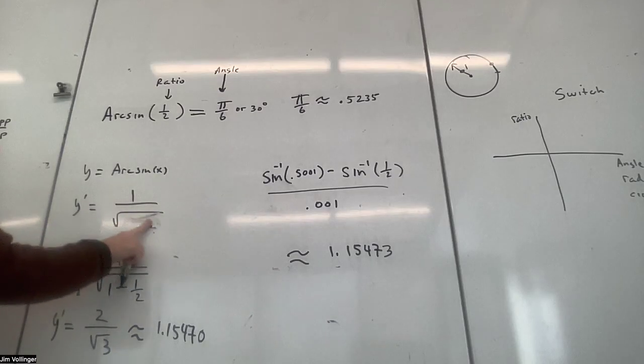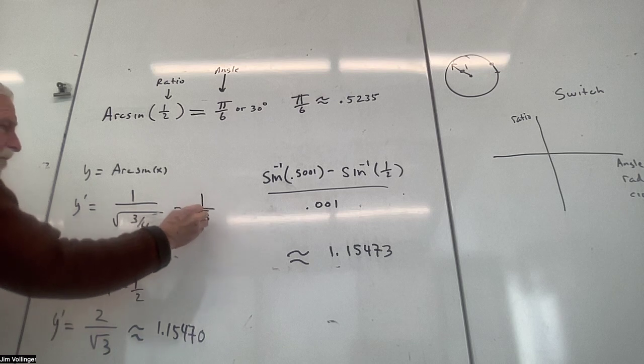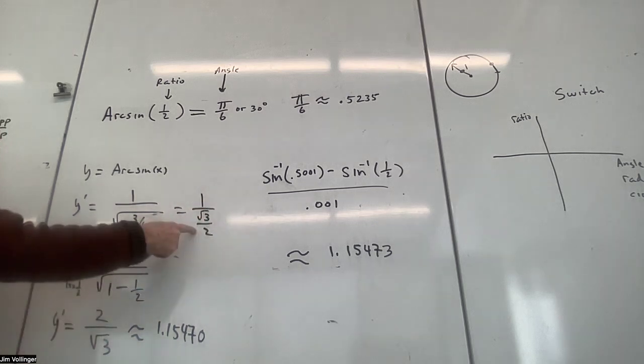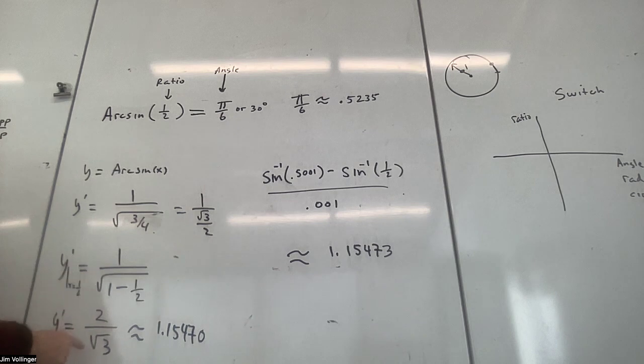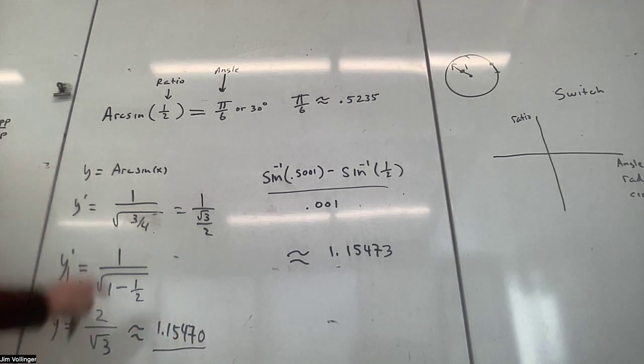So why don't I just keep going here? Which is equal to 1 over the square root of 3 over 2. And dividing by a fraction, you multiply by the reciprocal, and you get 2 over root 3, which is 1.15470. And that's the derivative of the arcsine function at a half.